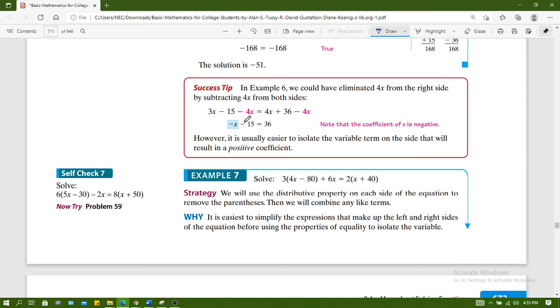So you will have another step of the process. However, it is usually easier to isolate the variable term on the side that will result in a positive coefficient. That still will work, but you will have a longer solution. So, pangitaon nimo ang side which the resulting variable will become positive.